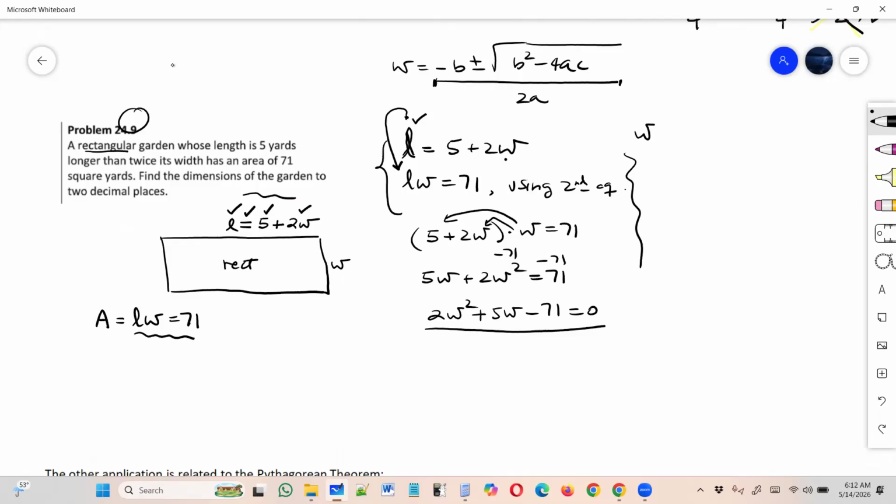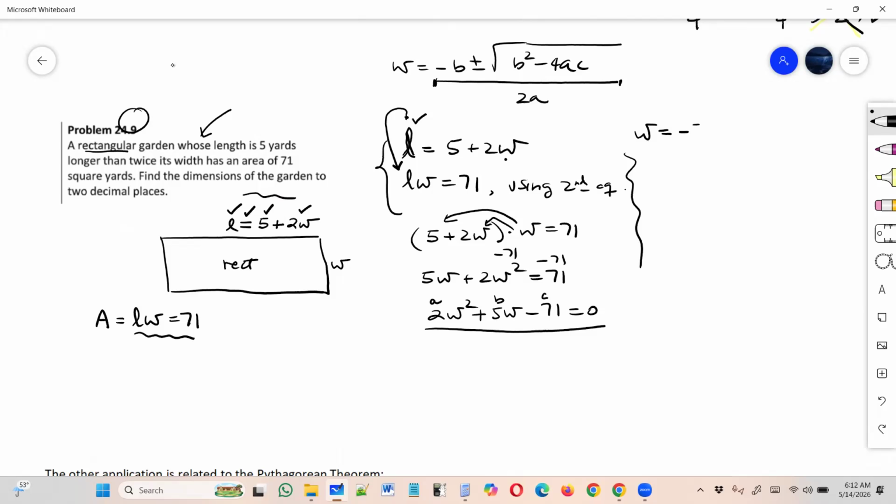All right, so let's see. W equals, so this is your A, B, and C. Now, because this is an application where you may have an area, it's possible that the radical will not be a perfect square. If that's the case, you're not going to simplify the radical, you're going to use the calculator to get a decimal approximation.